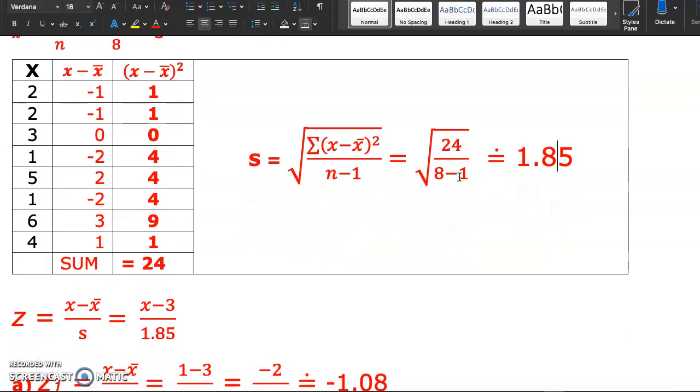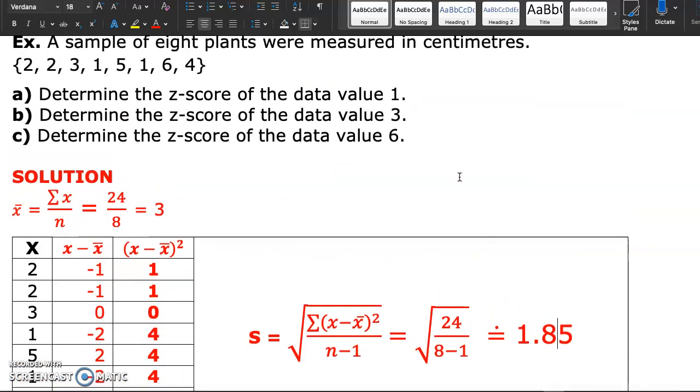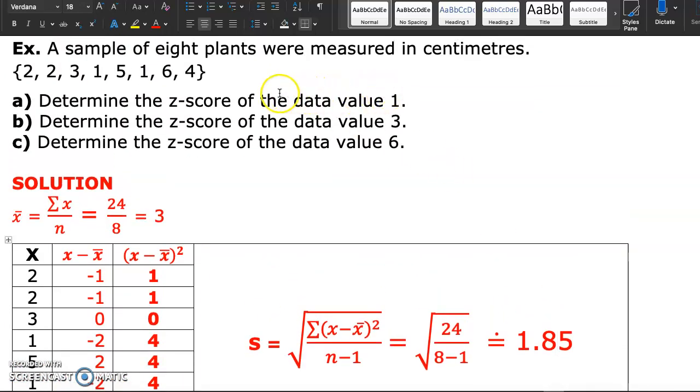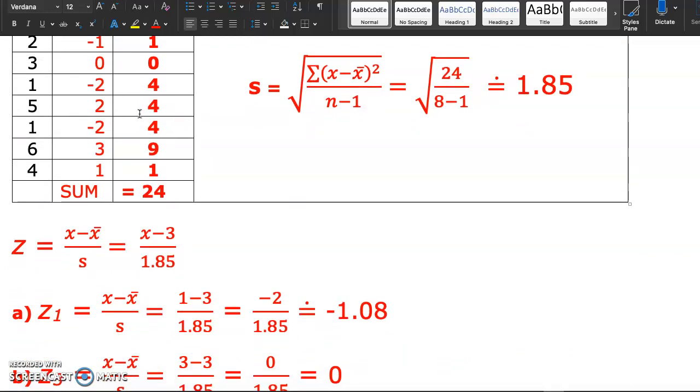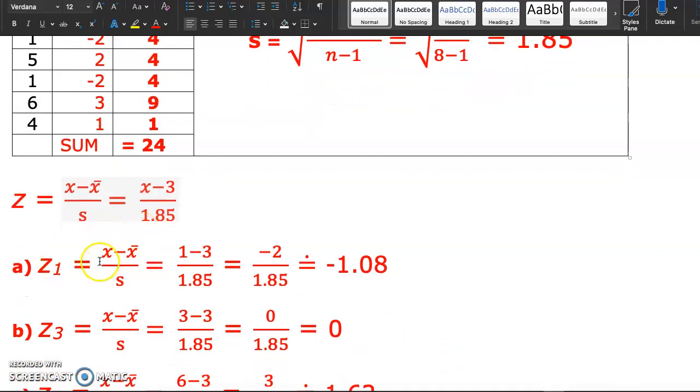If we were to go back to our data values, the z-score of the data value 1. The first thing that we'll need to do is look at our formula. Substituting in, our particular value that we're observing is 1 minus the sample mean, 3, gives us -2 as a deviation.